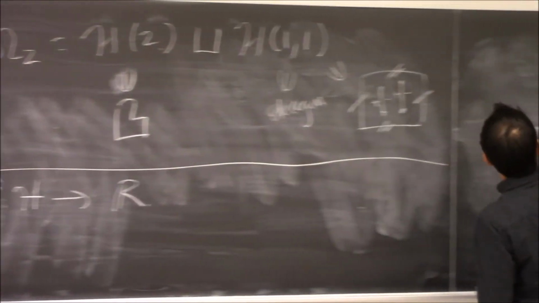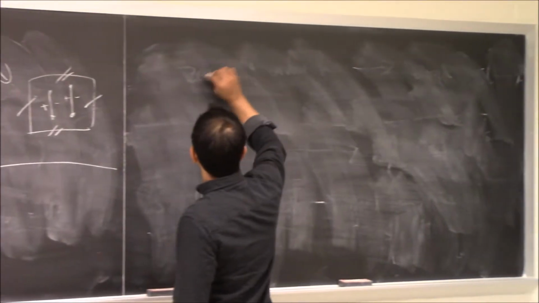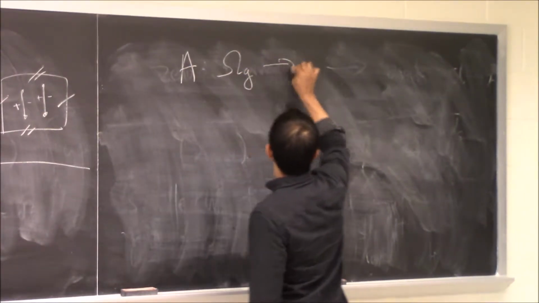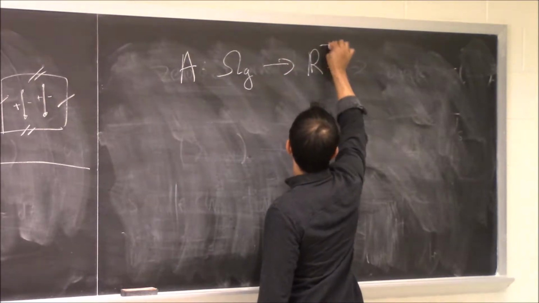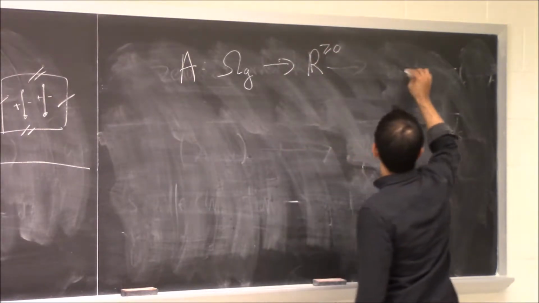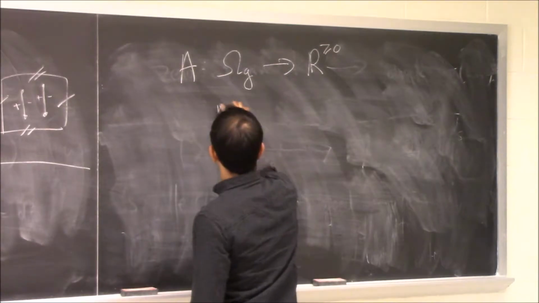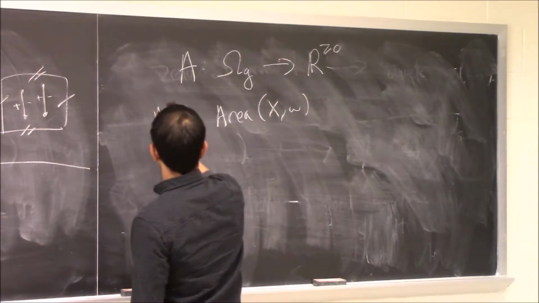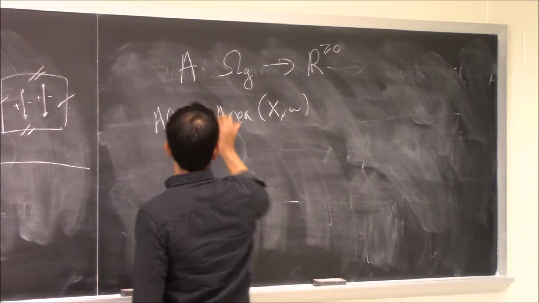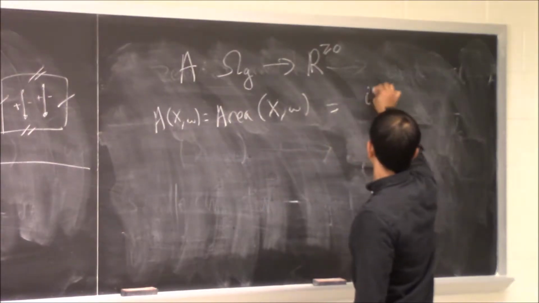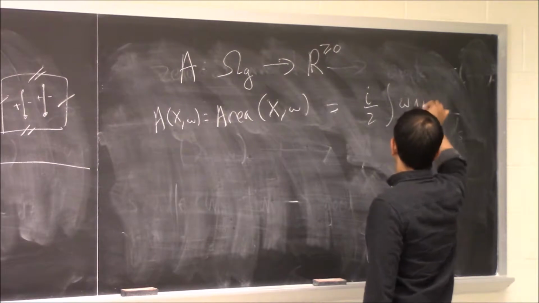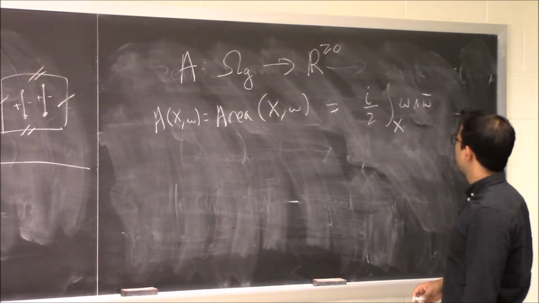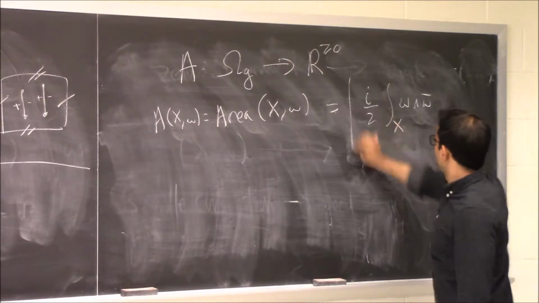Now, there's a natural function, let's call it A, from omega g to the non-negative reals, which is simply the area of x omega. So A of x omega stands for the area of x omega. If you want it in complex analytic terms, it's the integral of omega wedge omega bar over x. Maybe I need a minus sign.